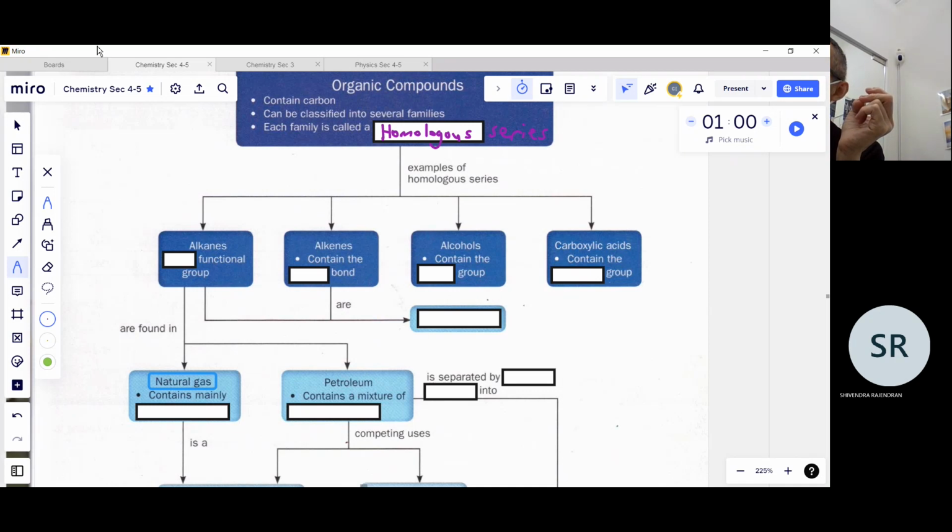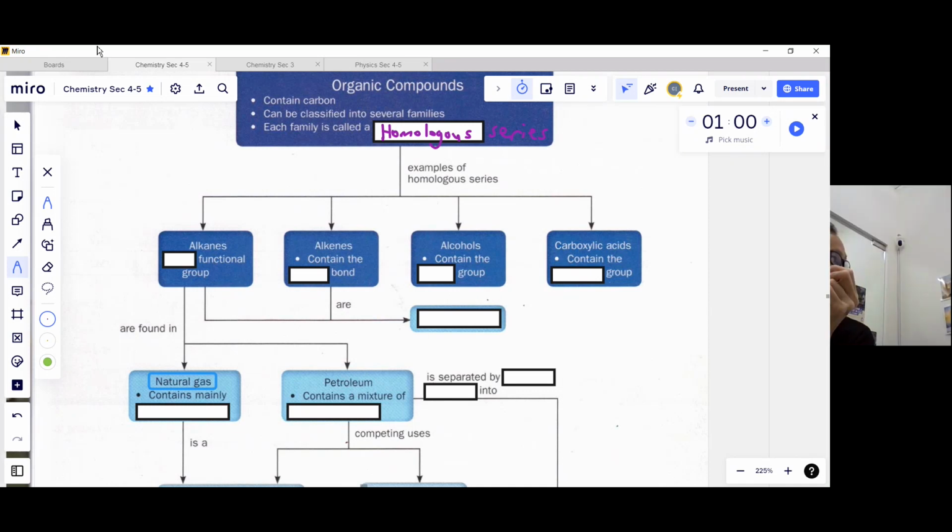Alkanes? What functional group? Well, the answer should be no functional group. But you must recognize it. It basically has only single covalent bonds. It contains only carbon and hydrogen.